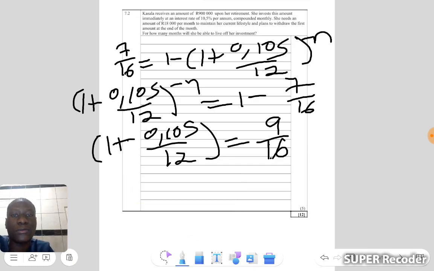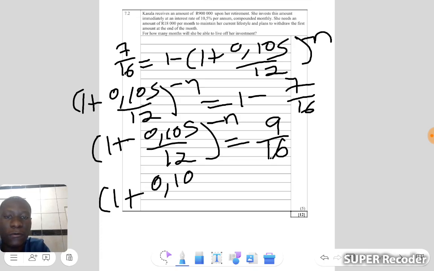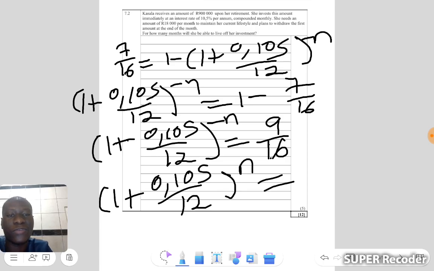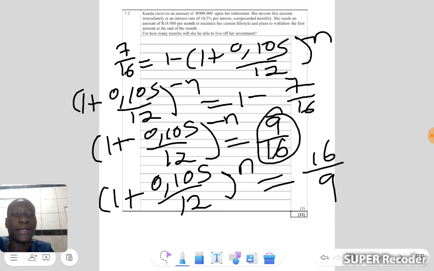Now I forgot the negative n here. We need to make this n positive, because we cannot deal with a negative exponent. So it will be 1 plus 0.105 over 12 to the n. You see, it changed. It has an effect on this number: it will be 16 over 9.